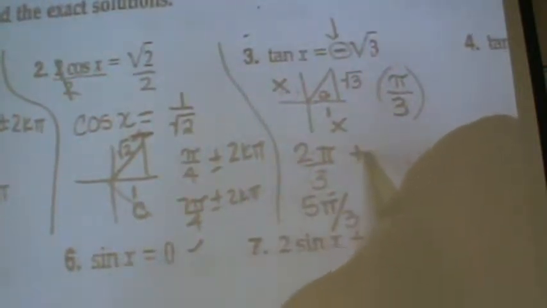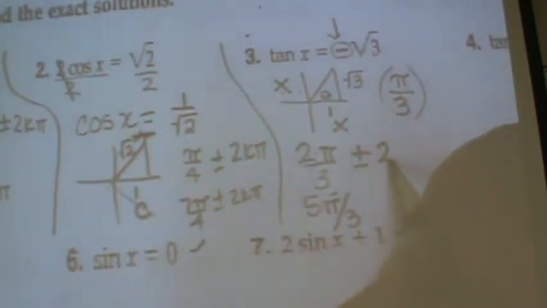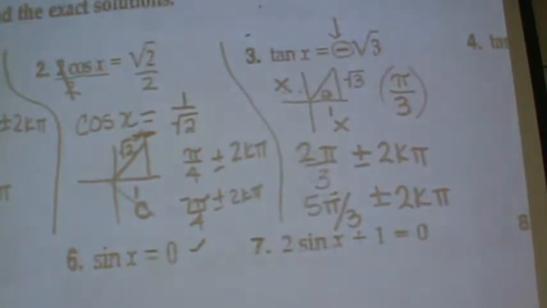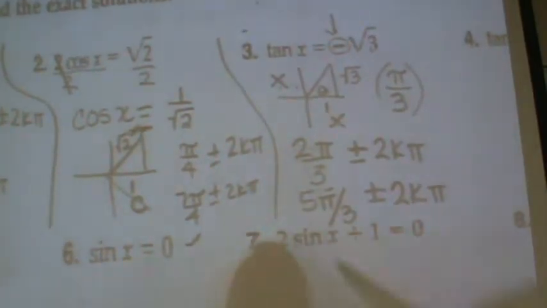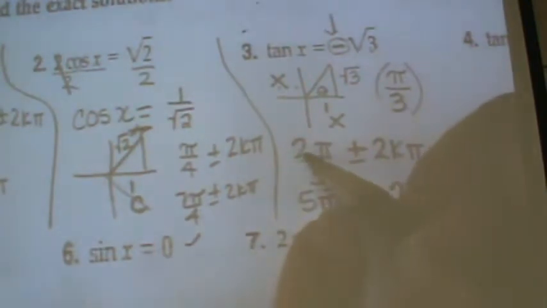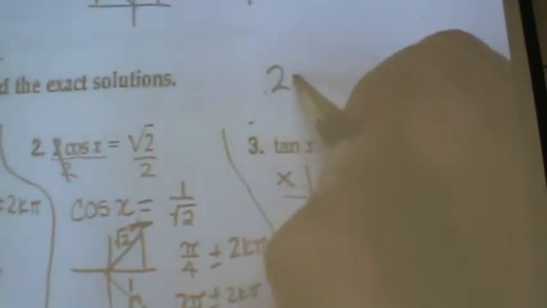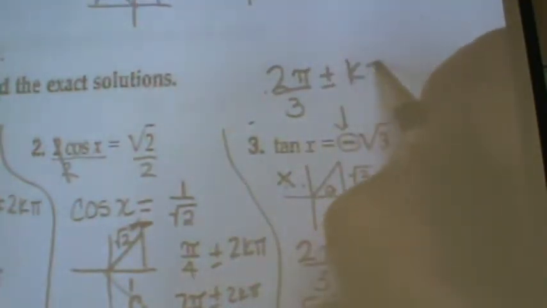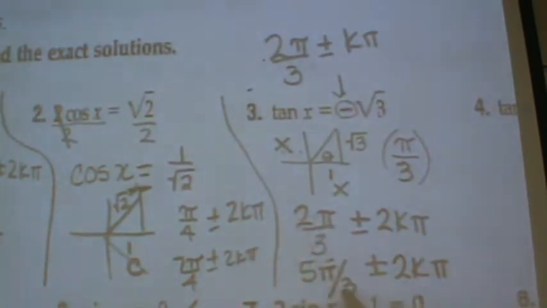Now what you could do, I'm going to give you some options. You could add 2kπ to these. But there's an easier way to write this one. It's a tangent problem. If I took 2π over 3, the first one, and if I just added kπ, you will pick up this answer.